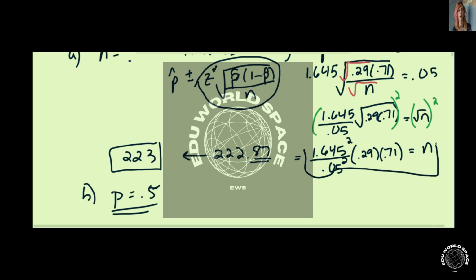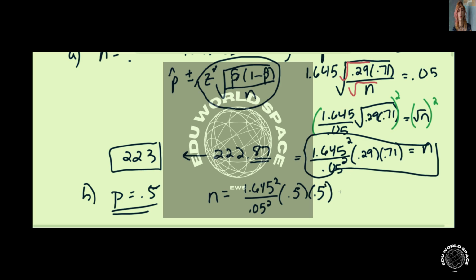For this calculation, we would end up having n equal to 1.645 squared, over 0.05 squared, times 0.5 and another 0.5. I have not done that calculation yet, but let's quickly hit it. 1.645 squared, divided by 0.05 squared, times 0.5, times 0.5.